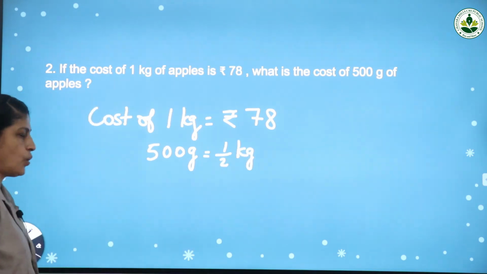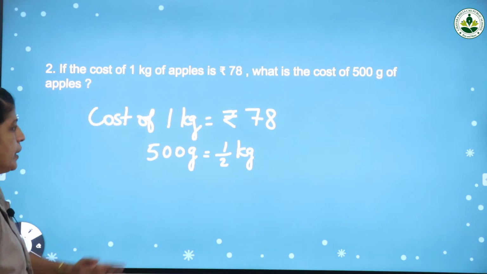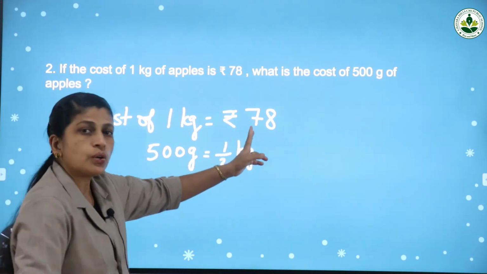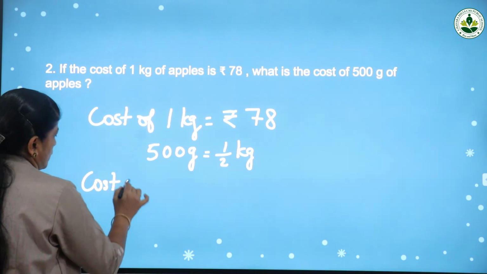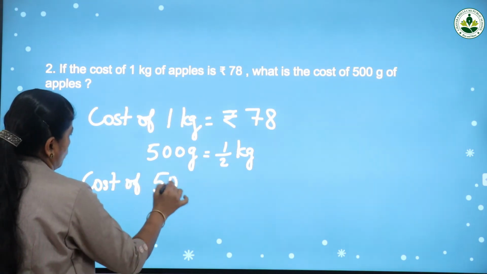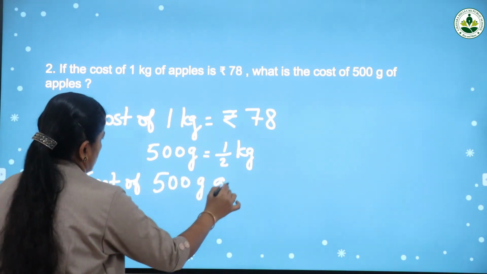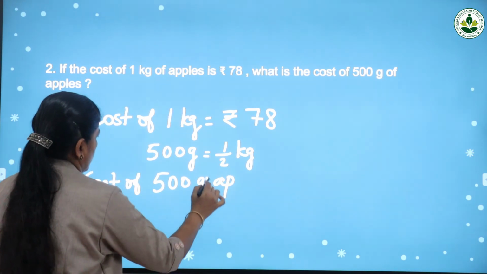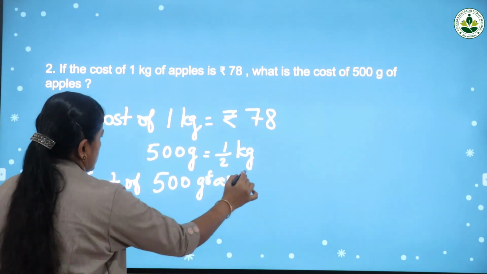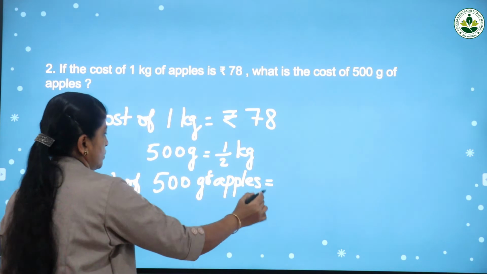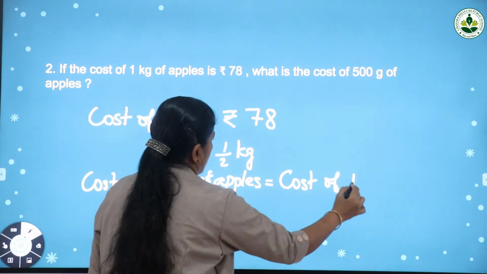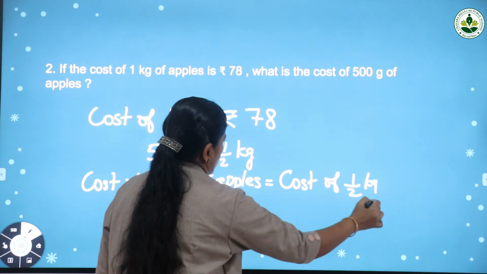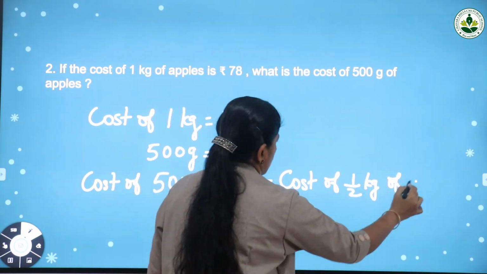Then to find the cost of half kilogram, find half of the cost. Cost of 500 gram of apples is equal to cost of half kilogram of apples.